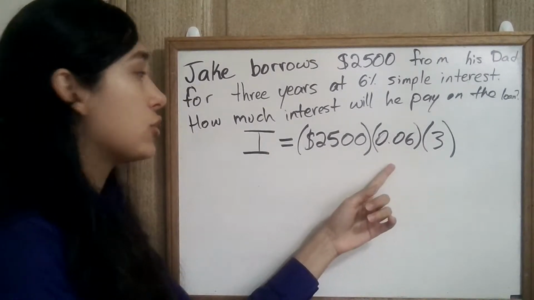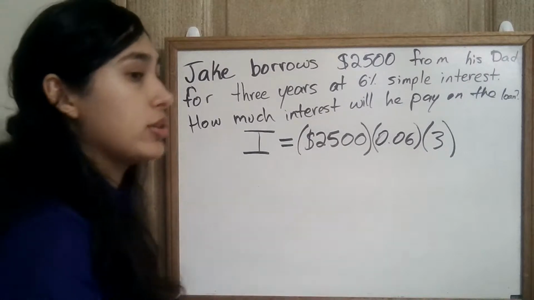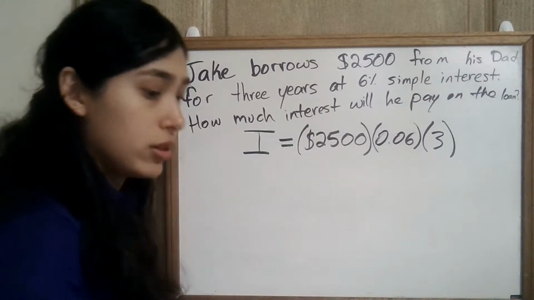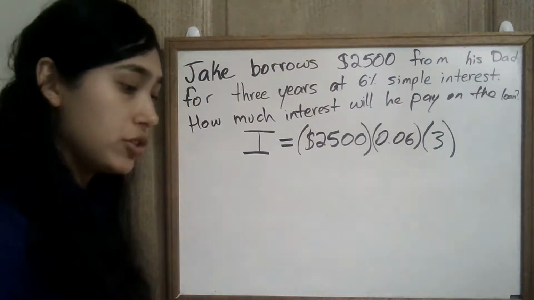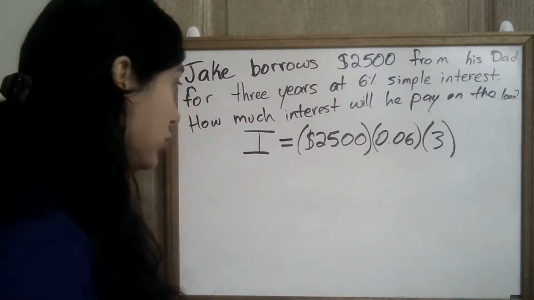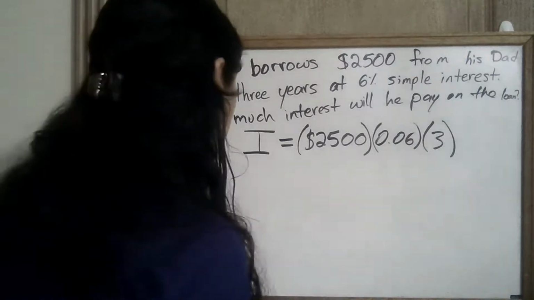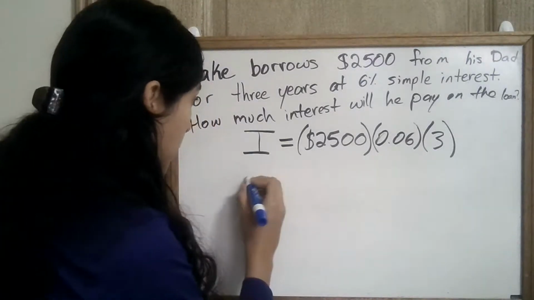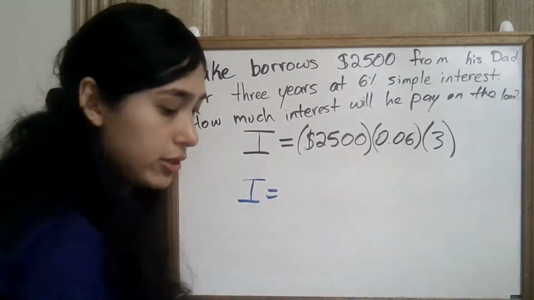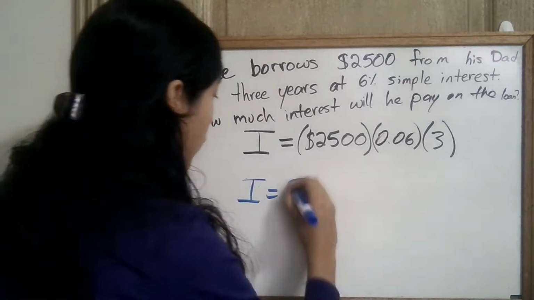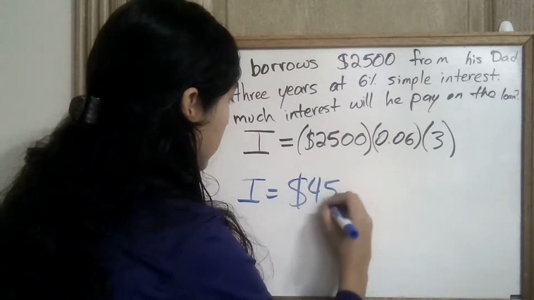It's really gonna hurt you, and you're just gonna be paying interest and interest forever and ever. That's why it's better to pay as much as you can as soon as possible. So we're gonna go ahead and simplify this. If we plug all this into a calculator, we're gonna get the value of $450.